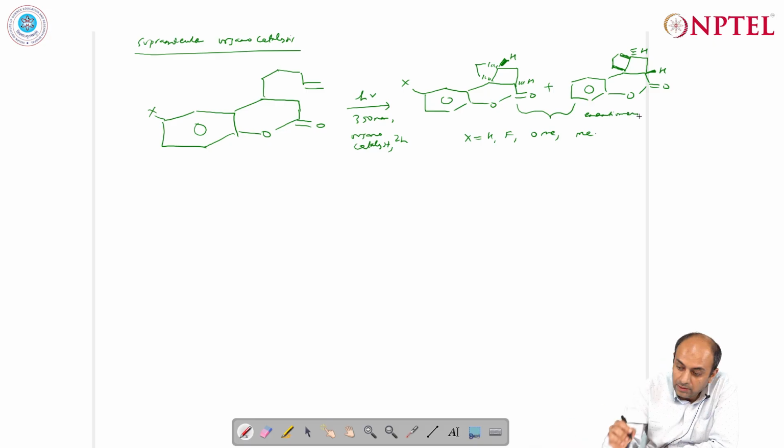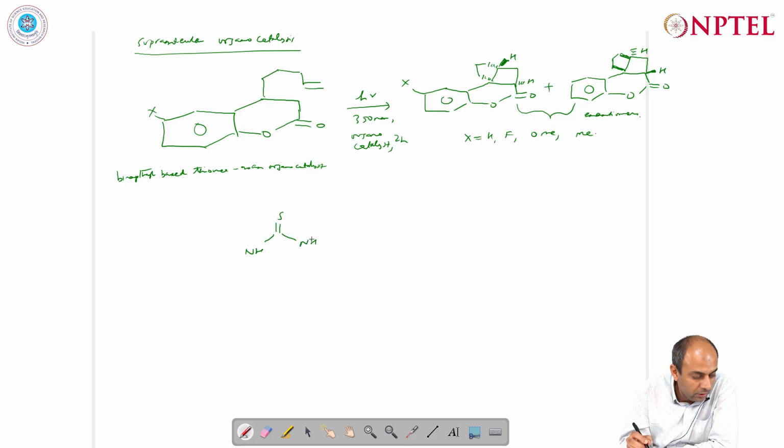The possibility exists that these 2 enantiomers are obtained, and what has been utilized is a binaphthyl based thiourea as an organocatalyst. So we have this particular structure.